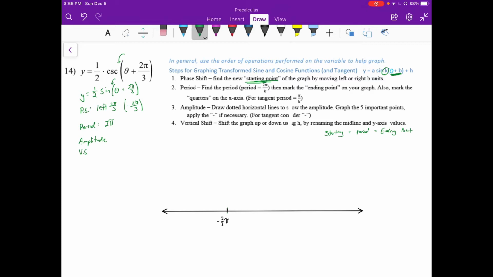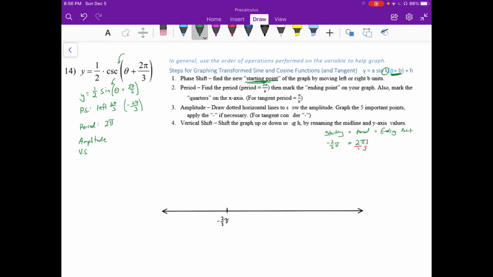So the starting point was negative 2/3 pi, plus our period of 2 pi will give us our ending point. We need to get a common denominator, so we multiply by 3 over 3.